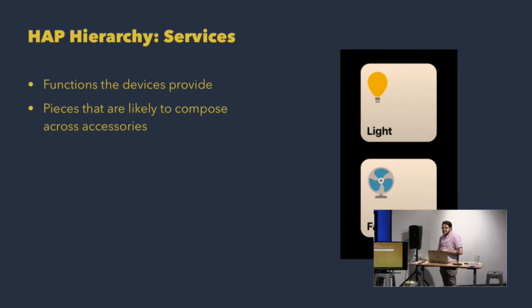So the way to think of this is most of the time, not all the time, but most of the time, it's probably going to show up as a tile in the Home app. These services are things like lights, fans, that allow you to compose, or rather decompose, the physical features of your hardware into things that the user can control.